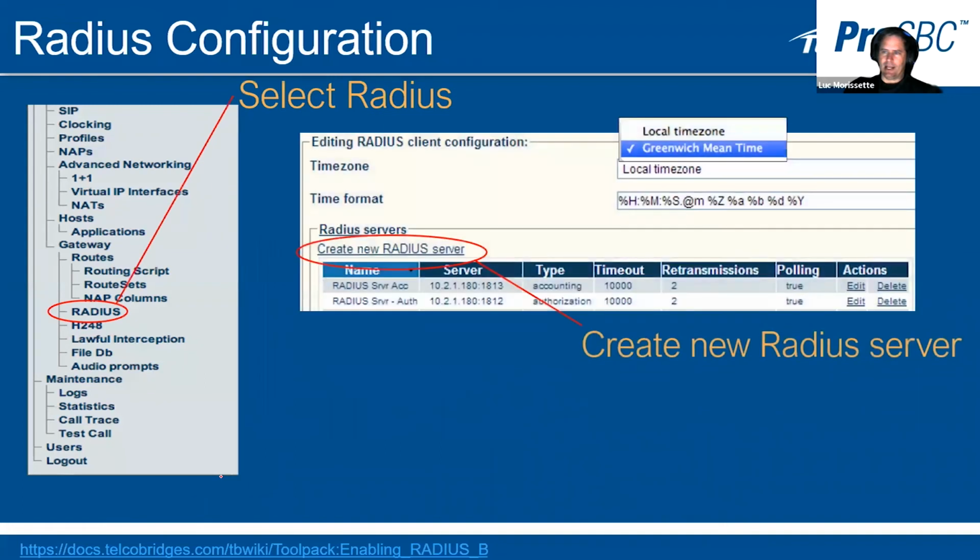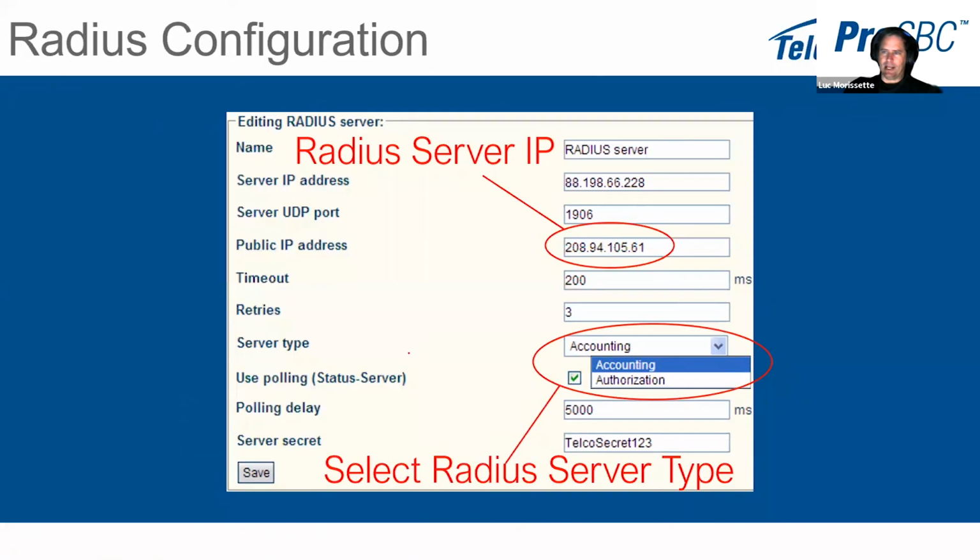So I showed you already the RADIUS configuration, but here the difference is that you will select accounting here instead of authorization. And the other thing I didn't mention in the other presentation is if your RADIUS server is located outside and you have a firewall between you and the RADIUS server, you may need to do something like this.